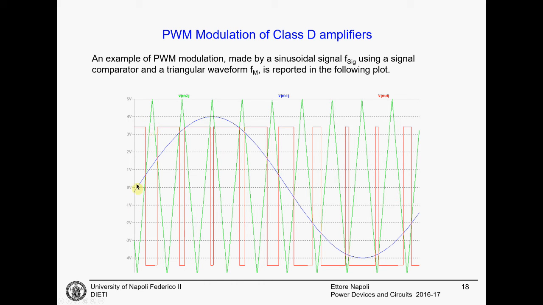You can also see that when the input signal is large in this first phase of the sinusoid, the pulses are quite long and there are very short zero pulses here. The opposite happens when the input signal becomes smaller in the second half of the sinusoid. The average of this pulse width modulated signal in red will be similar to the sinusoidal input signal.